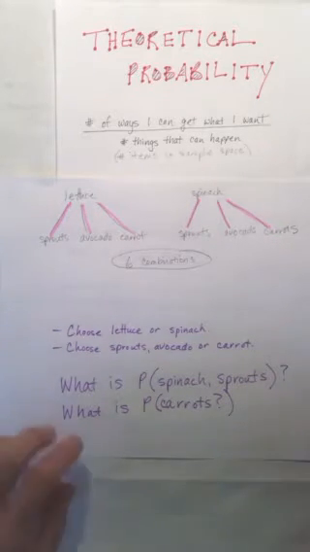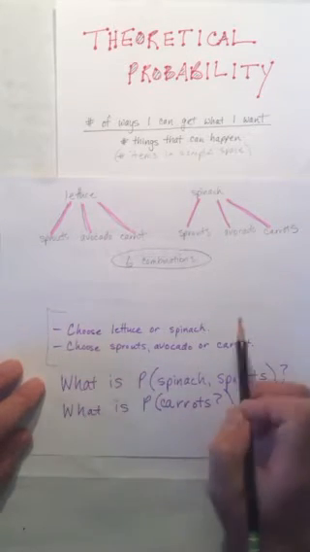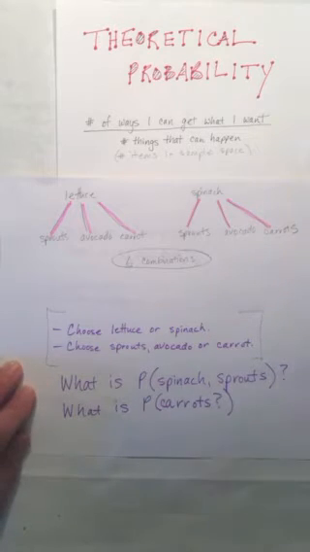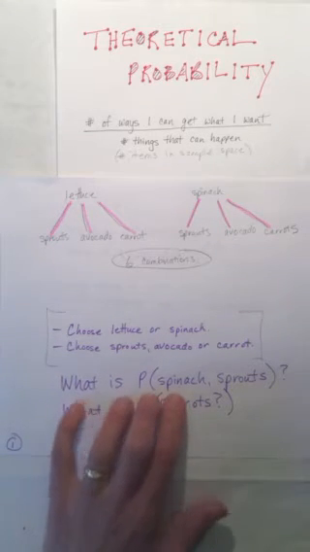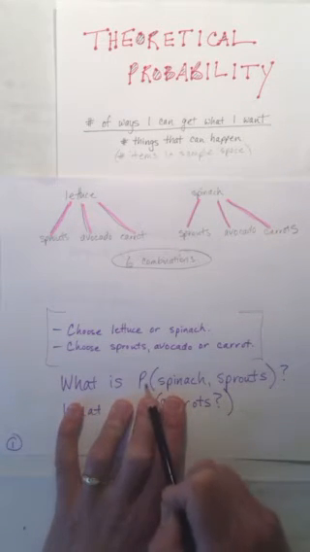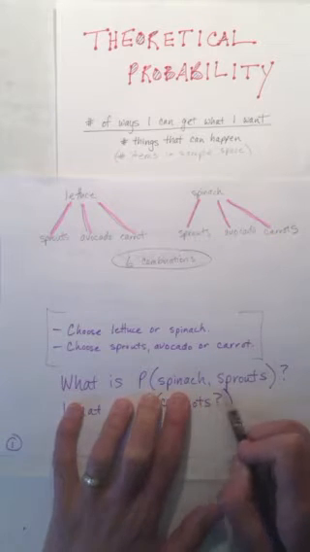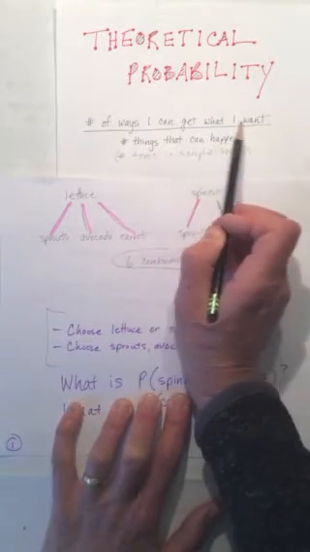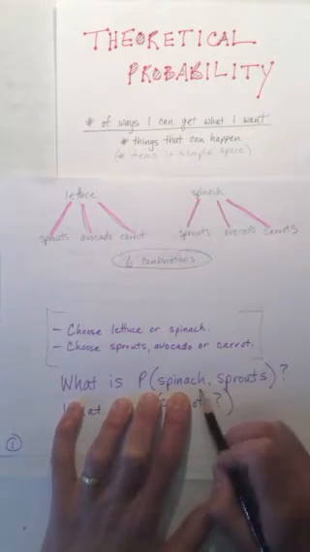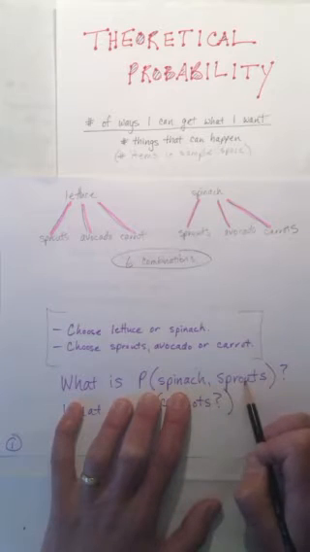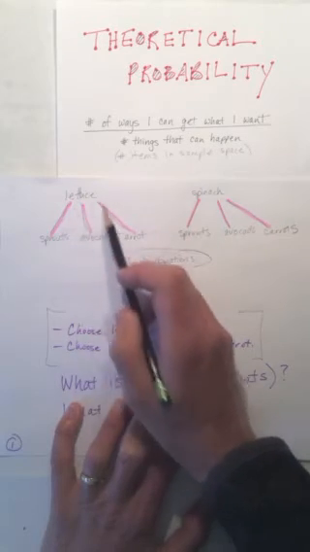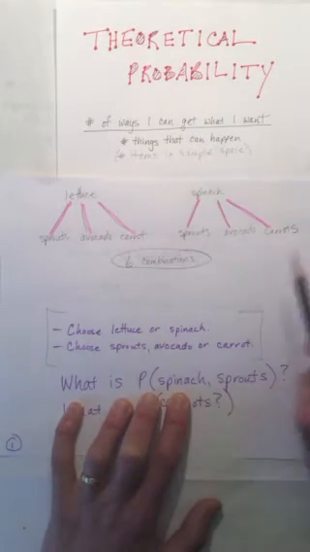So here were our original directions, that we were choosing lettuce or spinach and that we were then choosing sprouts, avocado, or carrot. So let's take a look at this down here. What is the probability of getting spinach and sprouts? Well, we need to figure out how many ways I can get what I want. So I'm looking for all the combinations that include spinach and sprouts. Well, it can't be any of the lettuce combos, so let's look over here.